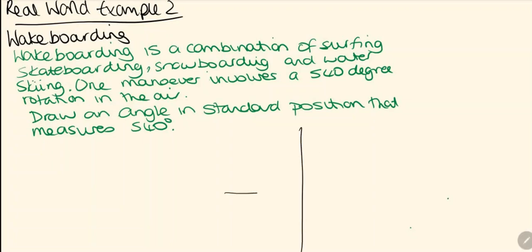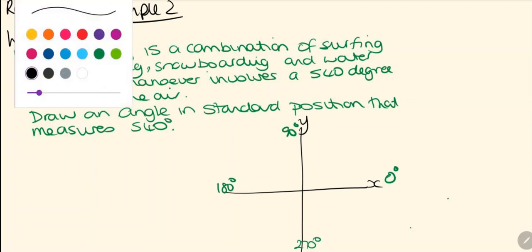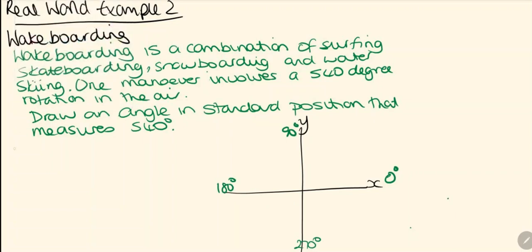Well, first thing we're going to do, we're going to draw and label 0, 90, 180 and 270. Now let's have a look at this question. 540 degrees. Now a full turn is 360. So what we need to do is subtract 360. And if we subtract 360, that'll leave us with 180.